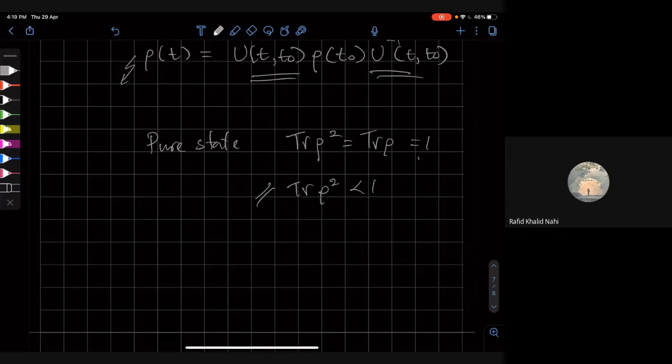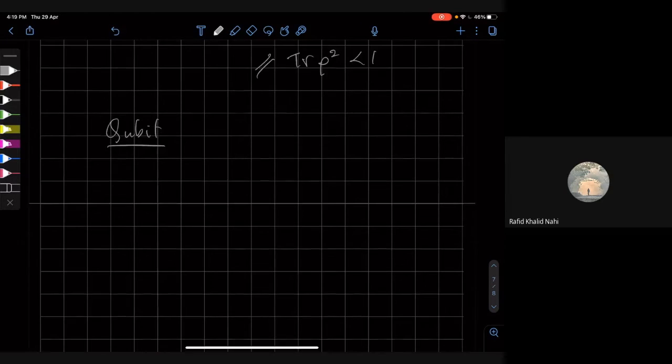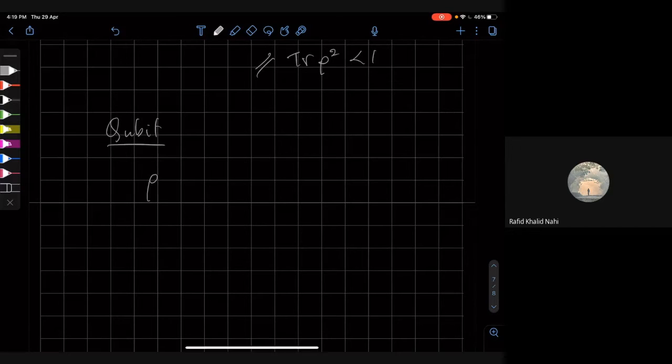Okay, so I'm going to say a last thing about density matrix, and I'm going to connect it to the Bloch sphere. So for a qubit, a density matrix in general is a Hermitian matrix, because it needs to have real eigenvalues, not just real eigenvalues, it needs to have positive eigenvalues.